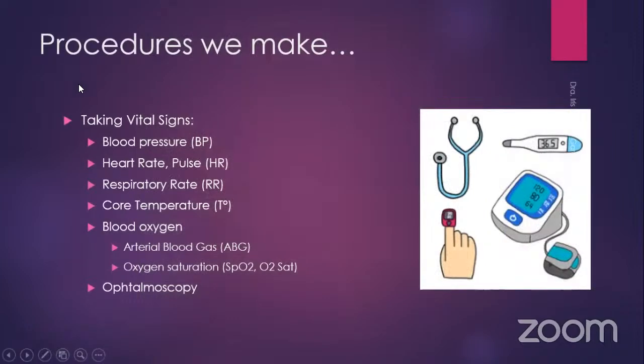As basic investigations, we have some procedures. We take the vital signs. We are going to talk about it. The vital signs, of course: blood pressure, heart rate, pulse, respiratory rate, core temperature, the blood oxygen, which could be arterial blood gas or oxygen saturation, and the ophthalmoscopy.